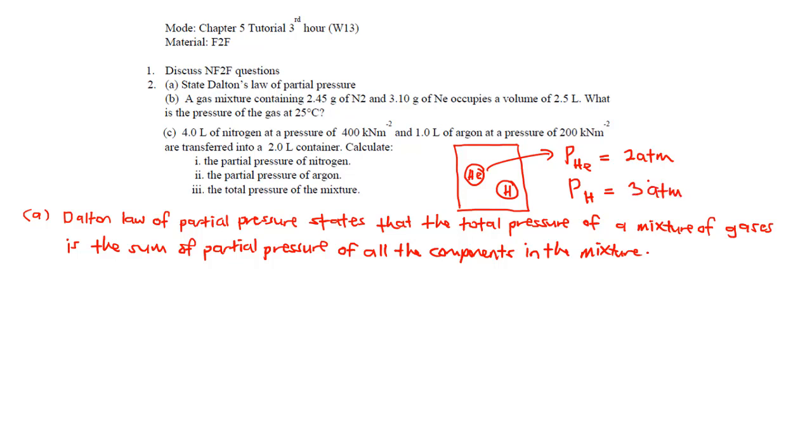Just an example. So in the system, the partial pressure of helium gas is 2 atm and the partial pressure of hydrogen gas is 3 atm.